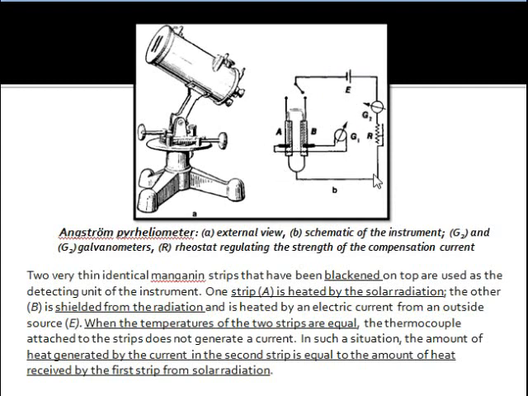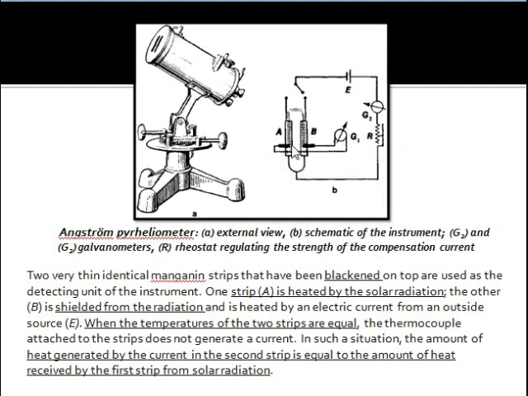So the current or energy supplied is measured here, and it is varied. The variation can be done using this rheostat, and the measurement is a direct measure of the solar radiation energy falling on this object, and it is proportional to the current squared, I squared.